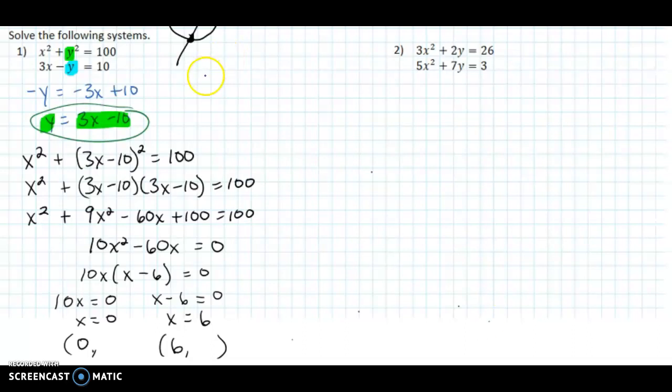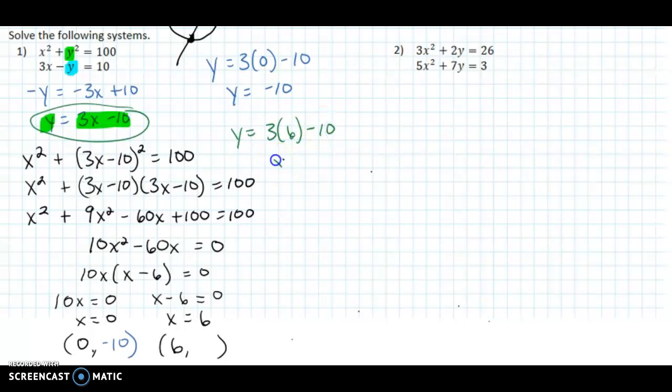I'm going to do it twice. I'm going to plug in 0 for x. You can maybe do this in your head, but we'll write it down to find y is equal to -10. And then let's plug in 6 for x to find y is equal to 18 minus 10, which is 8.